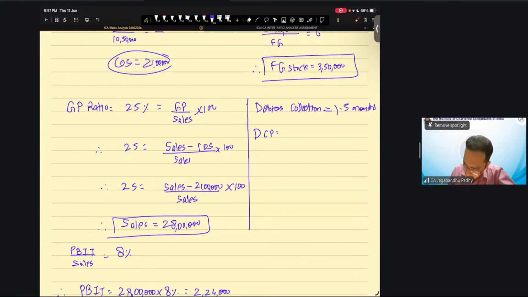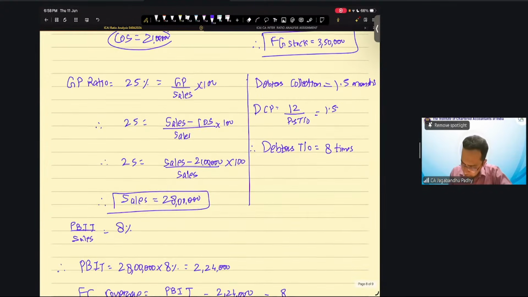So debtors collection period was 12 divided by debtors turnover, which is 1.5. So debtors turnover is 12 divided by 1.5. What's the debtors turnover number? 8. 8 times, right? So debtors turnover is 8 times.